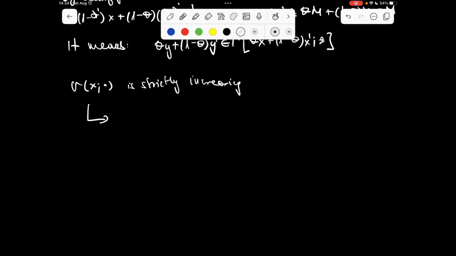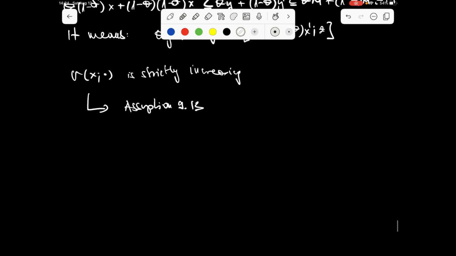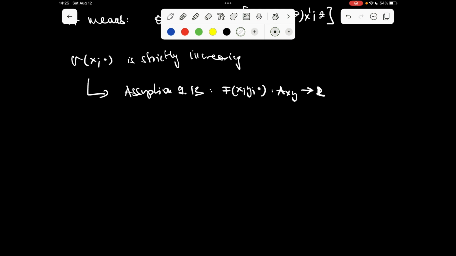To this end, we need assumption 9.13, according to which f is strictly increasing in the third variable, I mean z. We have the one period return function in this form.